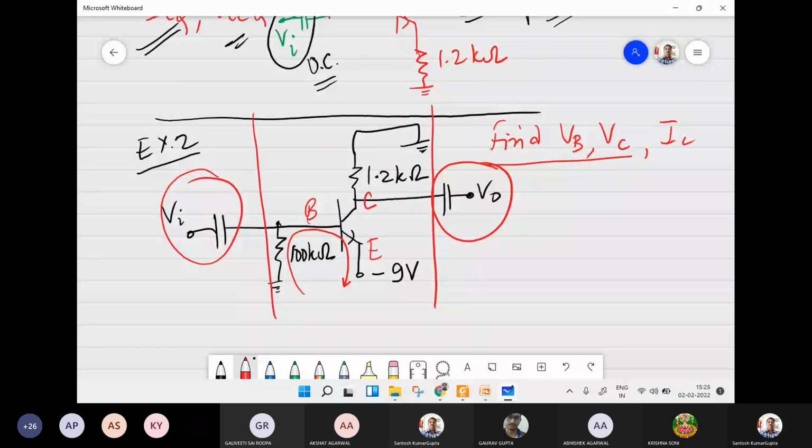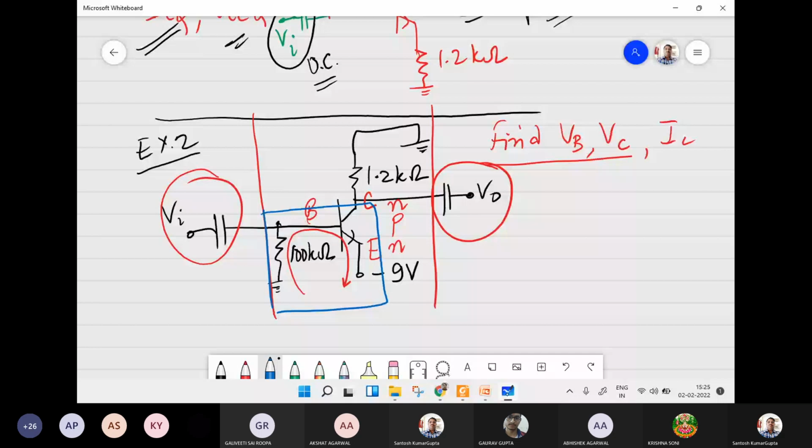Before proceeding here, let us see that this is an NPN transistor here. Now if we look at this part here, including the base emitter junction, okay.